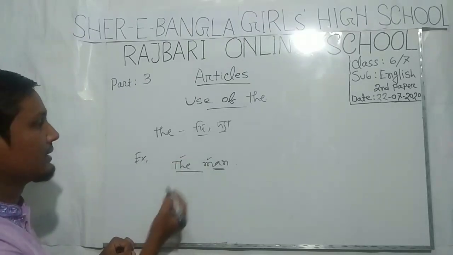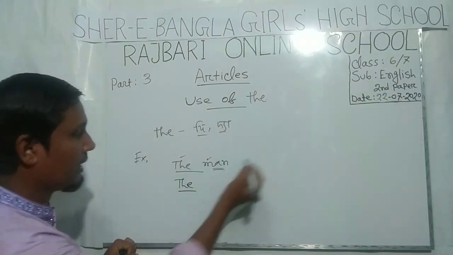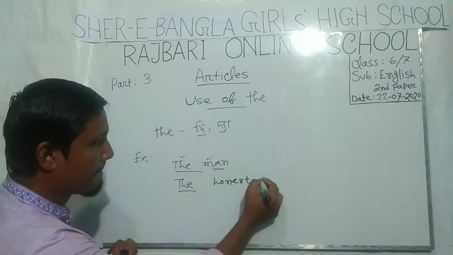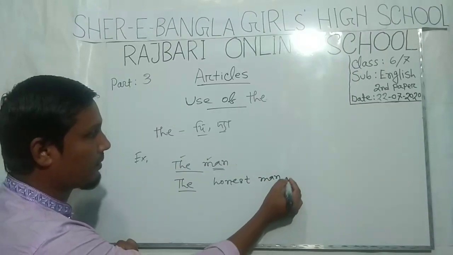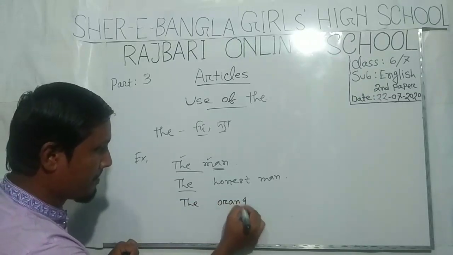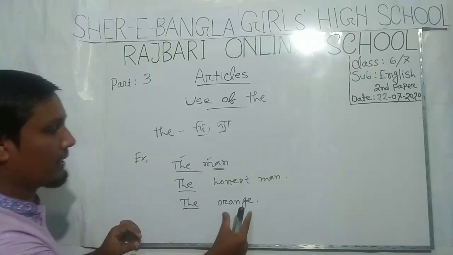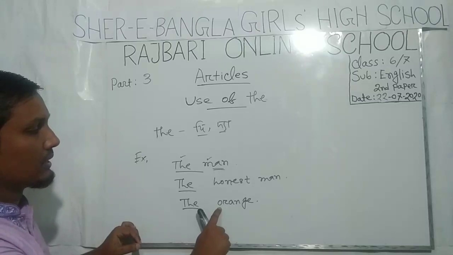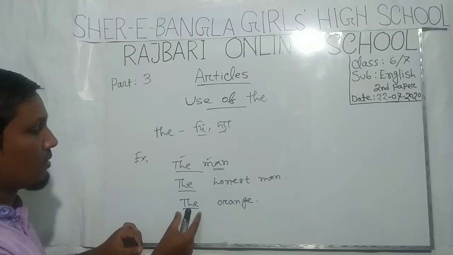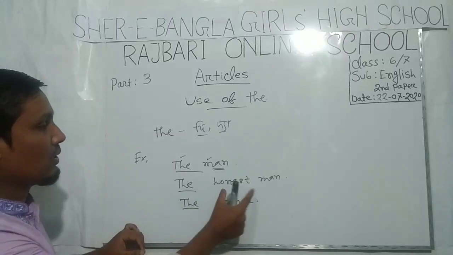Okay, and if you write a word like the honest man or the orange, this word orange starts with the vowel letter O. For this reason you have to pronounce it as "thee".